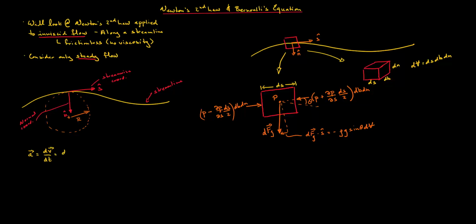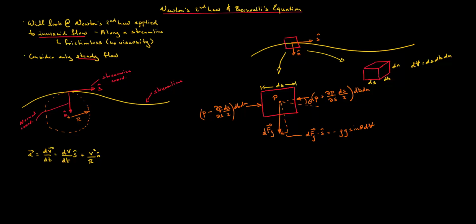So we can say that in the tangential direction, or in the streamwise direction, we have dV/dt in the S direction, plus the centripetal acceleration, V squared over R, and that is in the n direction.